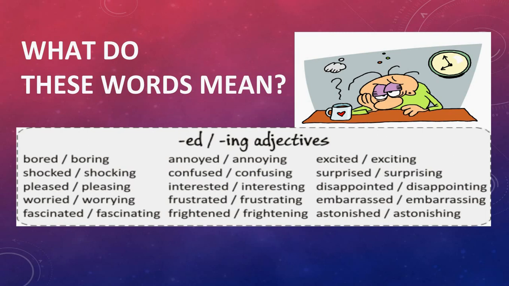Frustrated, frustrating. Frightened, frightening. Excited, exciting. Surprised, surprising. Disappointed, disappointing. Embarrassed, embarrassing. Astonished, astonishing. So some great vocabulary here for you to use. Any words that you're not familiar with, I suggest you search and become familiar with the meaning of those words.